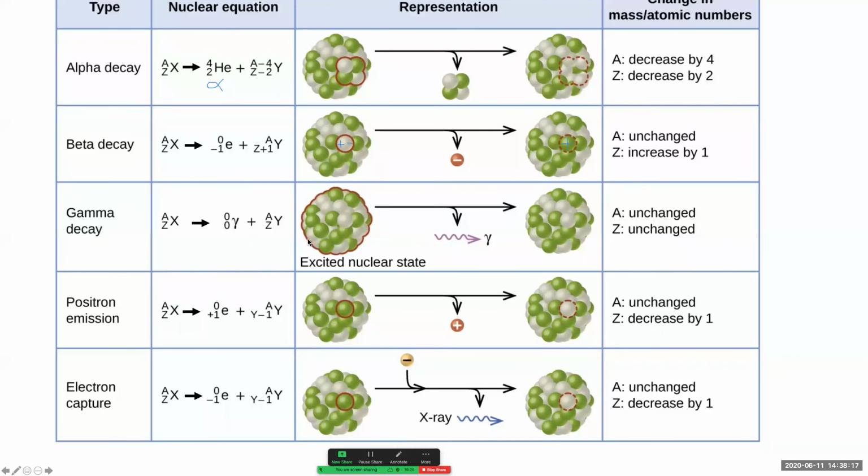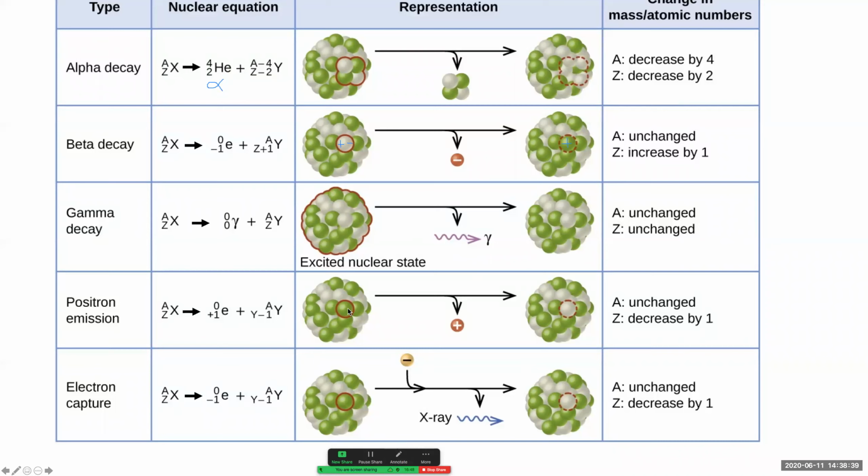In gamma decay, that doesn't change the nucleus, so the A and the Z stay unchanged. In a positron emission, the symbol for positron, remember, was an e with a +1. So what happens if this is a plus and a minus?